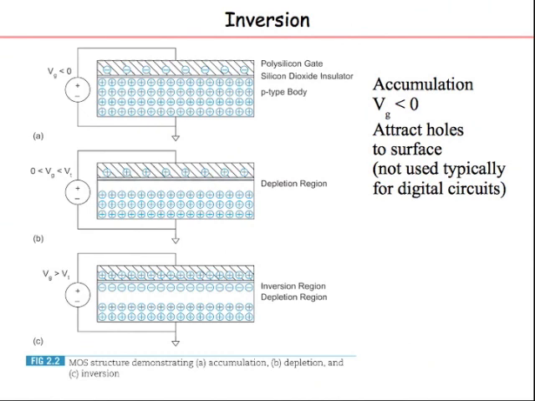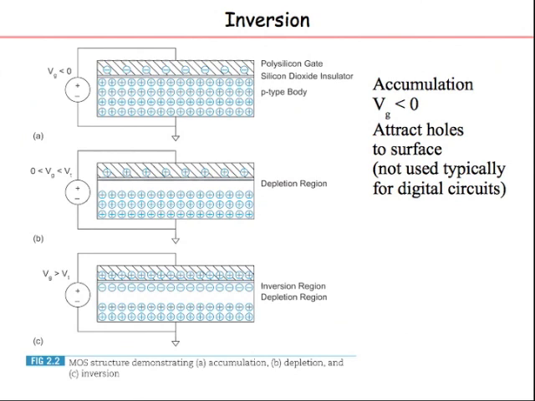Na was the acceptor ions to make it a p-type material. By applying a voltage, you have inverted it, and the carrier concentration has become the same as the acceptor concentration. So there are various definitions of Vt. This is one definition, where you say, okay, now I have inverted. What was the p-type has become an n-type.